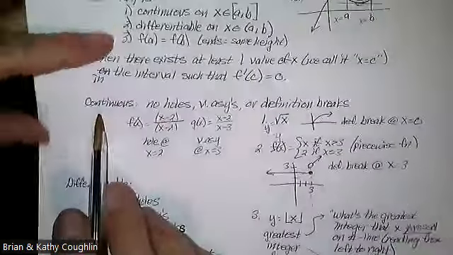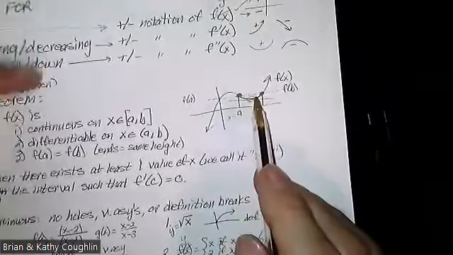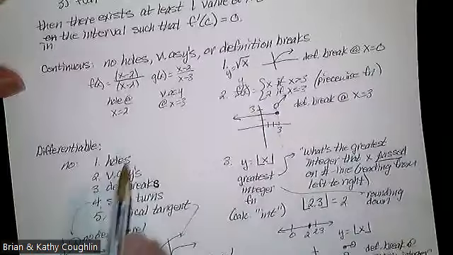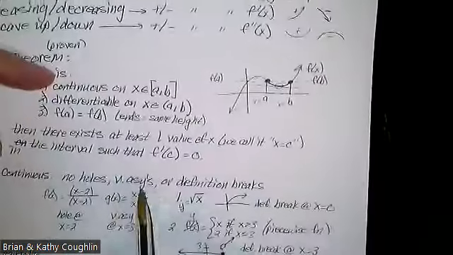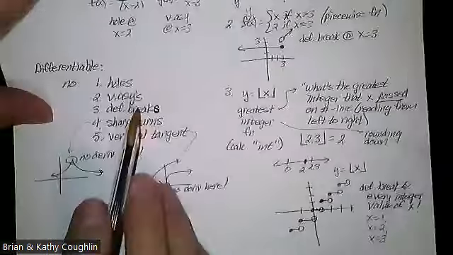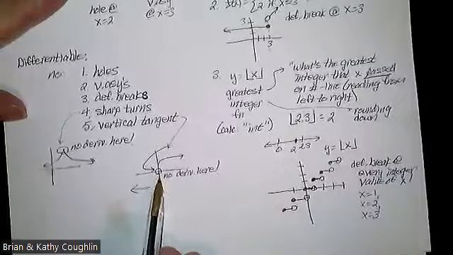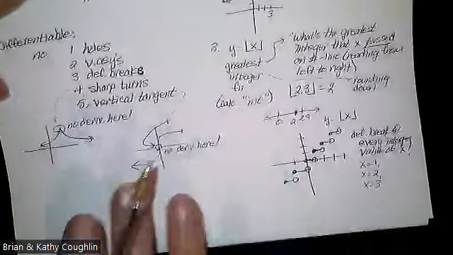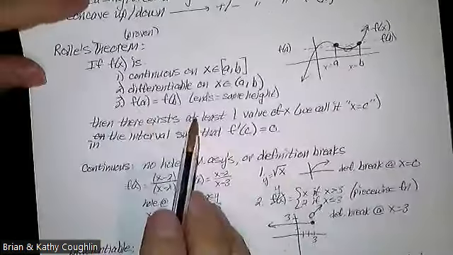So continuity, that means if the graph's continuous, that can be destroyed by holes, vertical asymptotes, definition breaks. Derivatives can be destroyed by 5 things. Those first 3, holes, vertical asymptotes, definition breaks, but they can also be destroyed by sharp turns or by vertical tangents.